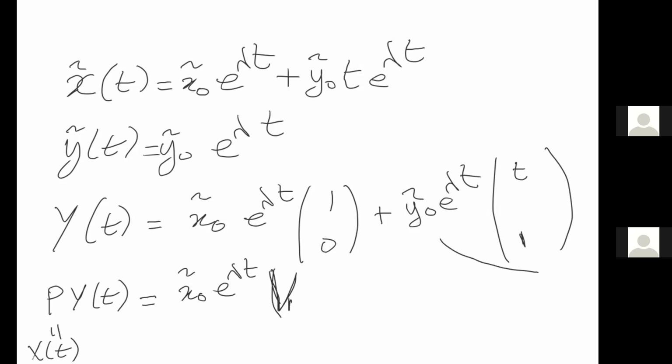So first plus x tilde node exponential lambda t, here it's (1, 0), and P times (1, 0), again, is v1.